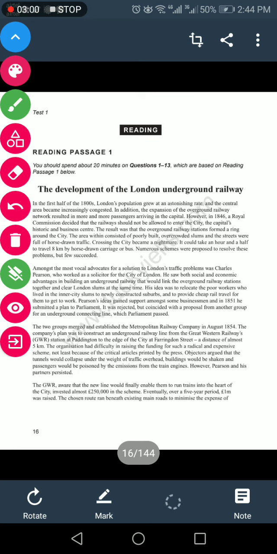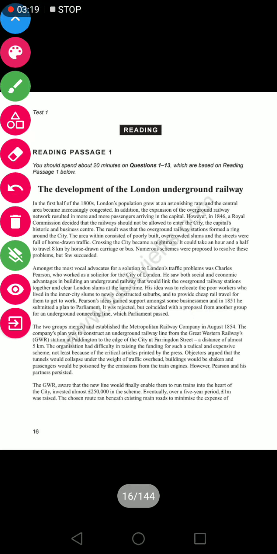So we have to check from the starting, after we recognize our first answer. In addition, the expansion of the overground railway network resulted in more and more passengers in the capital. Moreover, in 1886 the Royal Commission decided that the railway should not be allowed to enter the city capital.